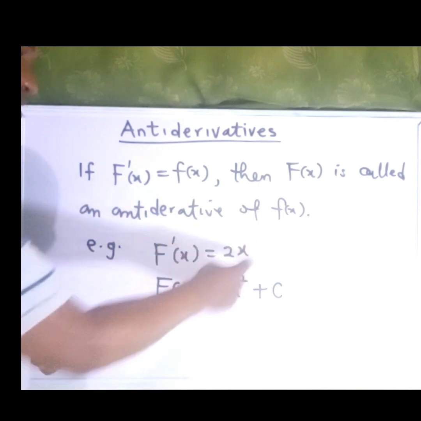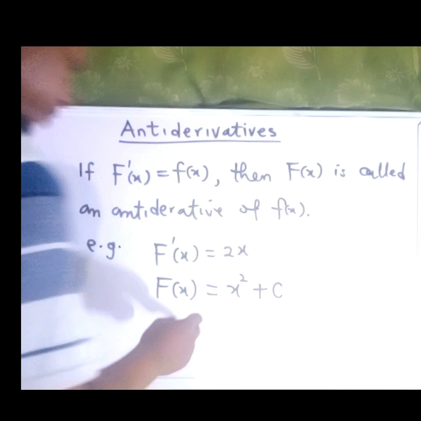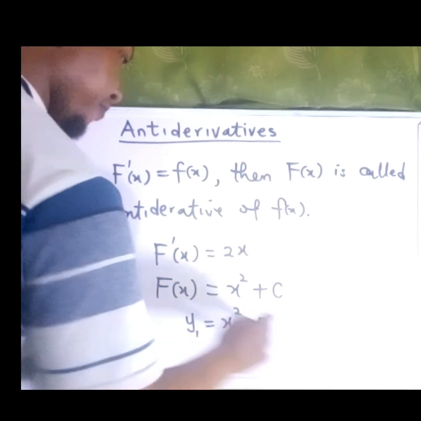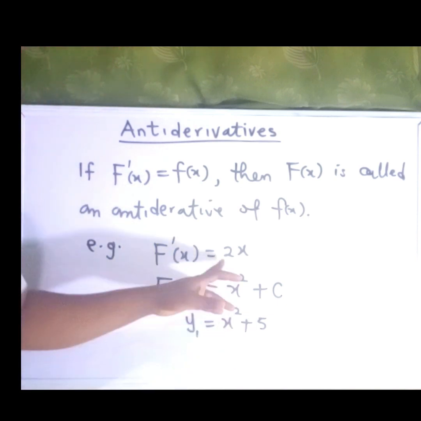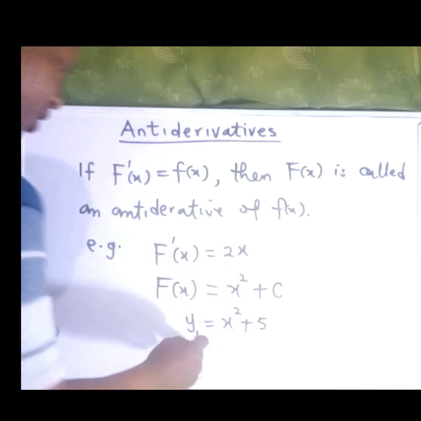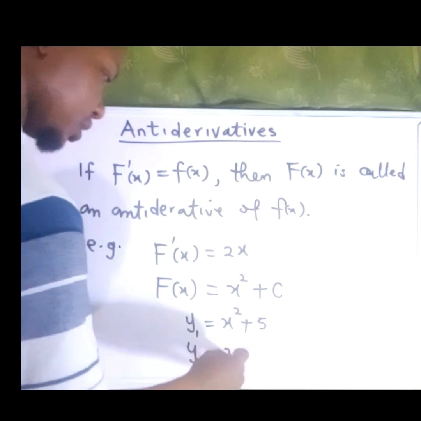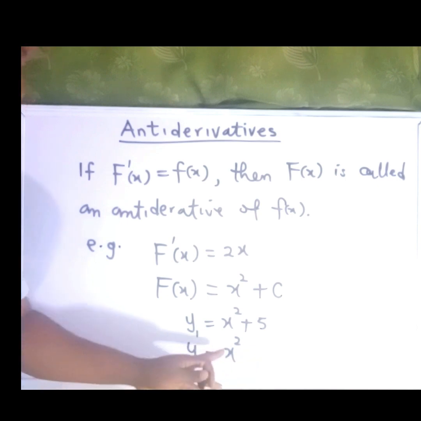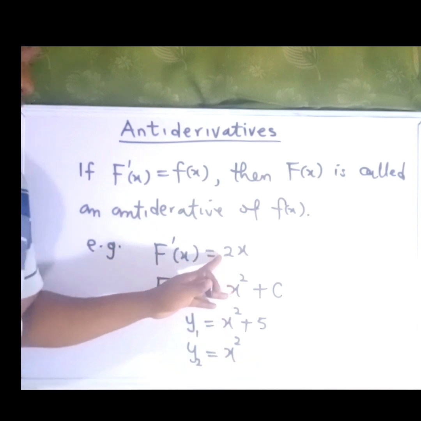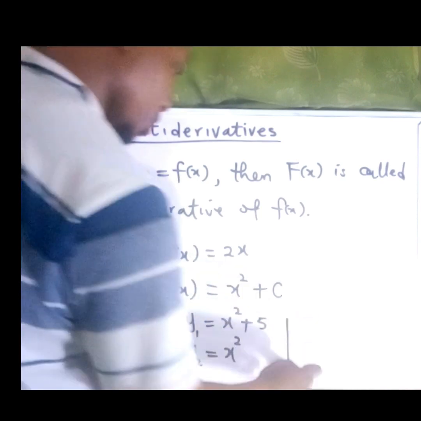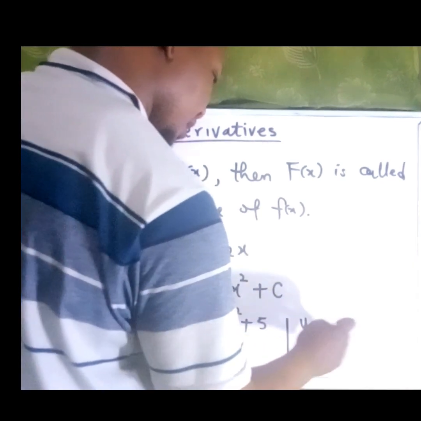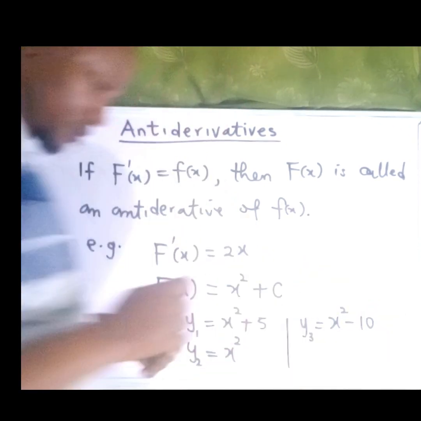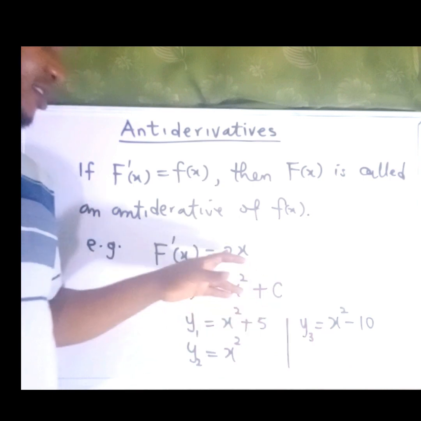If you have a slope 2x, the function, let's say y1 equal to x squared plus 5, this curve has a slope 2x. Okay, let's see another one. This curve, whose constant here is 0, also has this as its own slope. Let's consider another curve. Let's say y3 equal to x squared minus 10. The slope of this curve is also 2x.